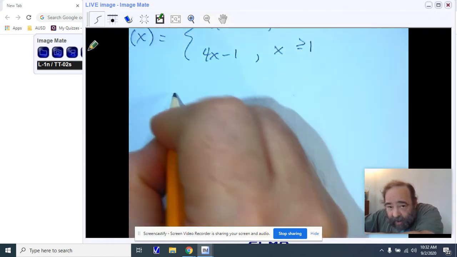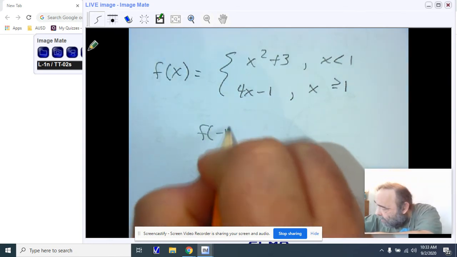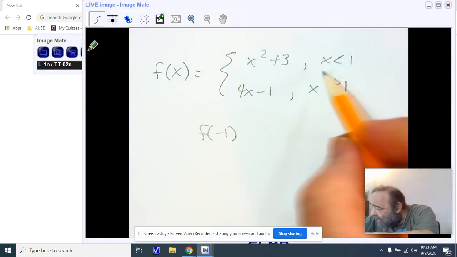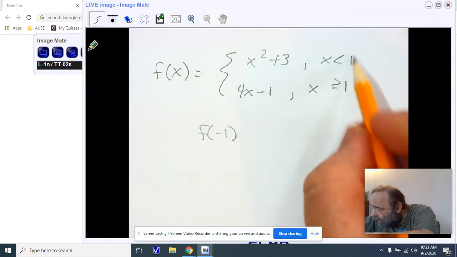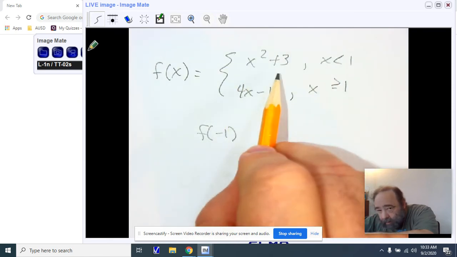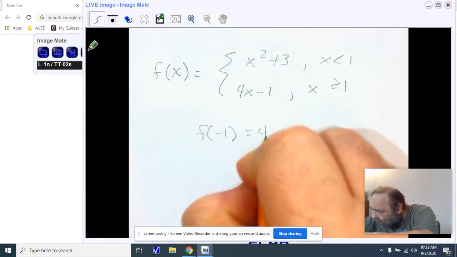Now, if they ask you to find something specific, in this case, I asked you to find f of -1, you must locate the domain. Notice that the domain that I am using is the x values less than 1. So using this function, I plug in -1, and my answer is 4.